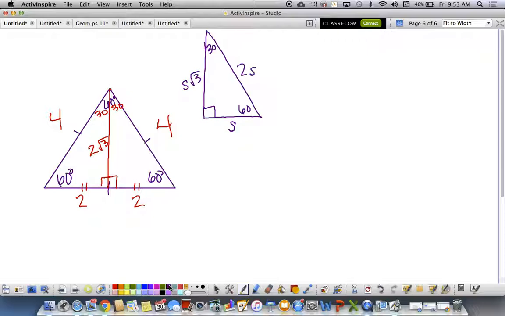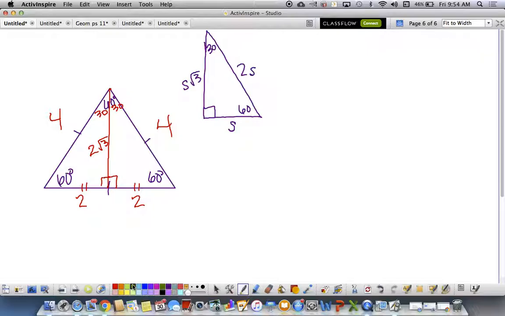That's what my brain says. 45, 45, 90: there's two that are the same, so it's the square root of 2. That's how my brain works.